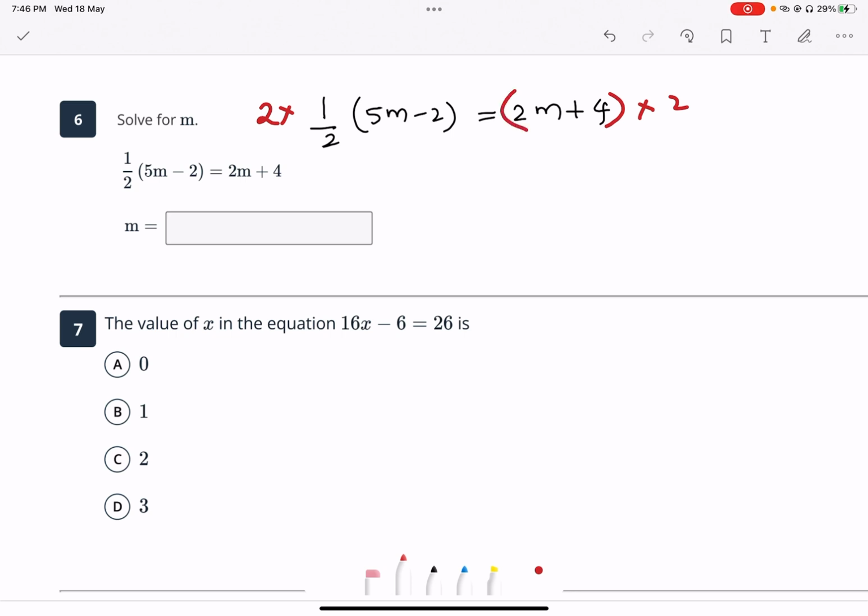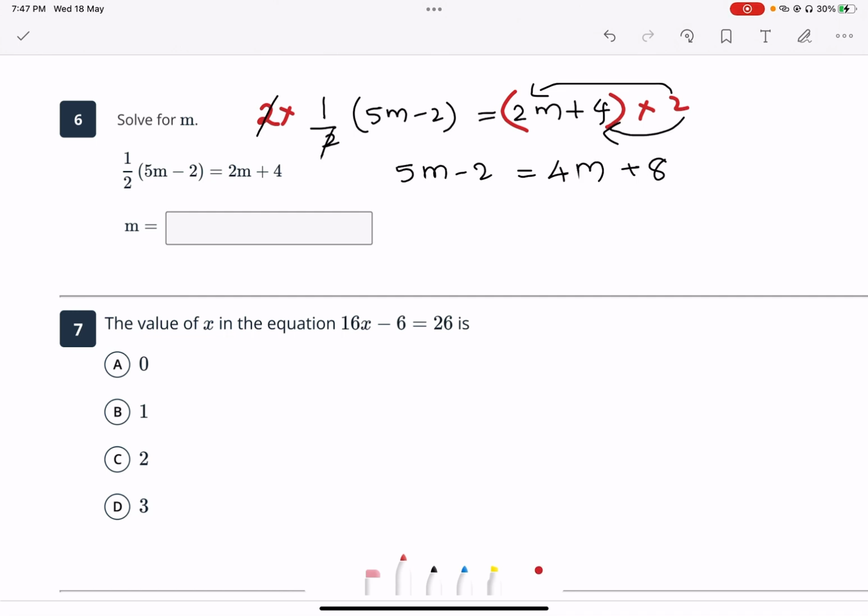That will make life easy for us. This half cancels with this 2, so that becomes 5m minus 2 equals 2 multiplied by 2 is 4m, and 2 multiplied by 4 is 8.